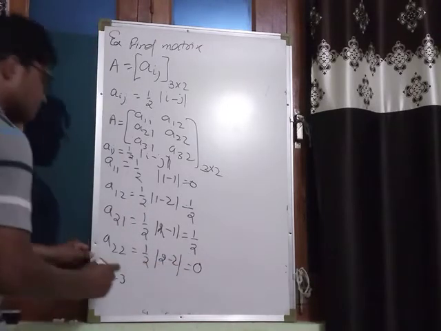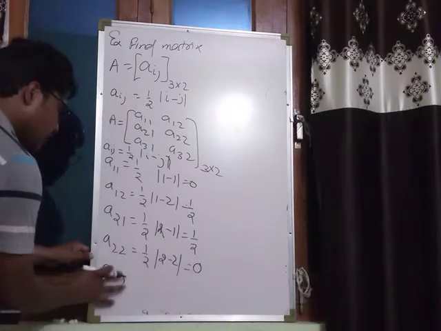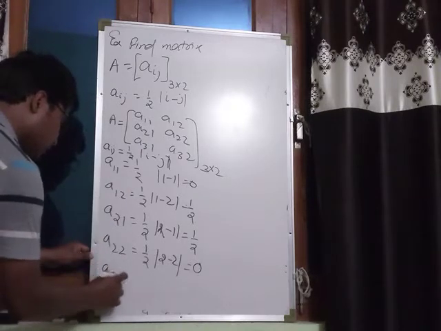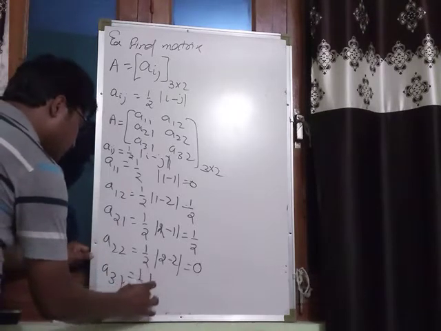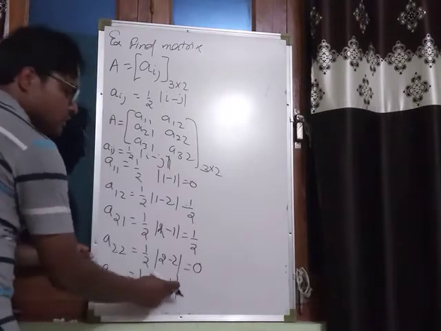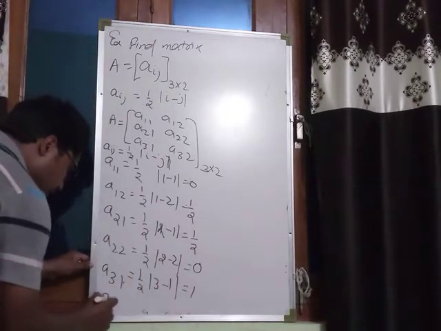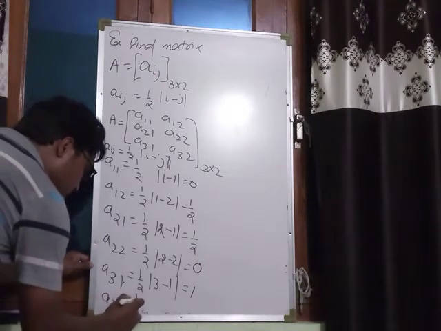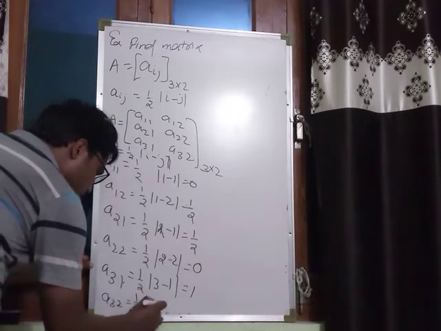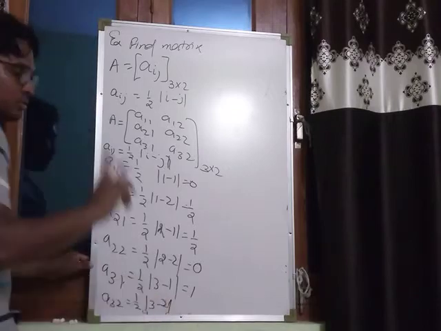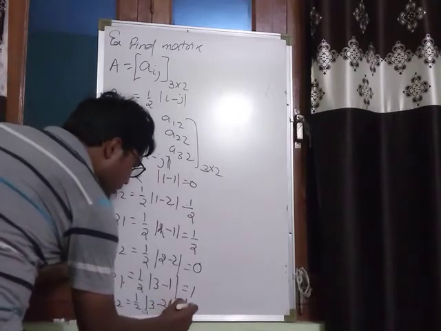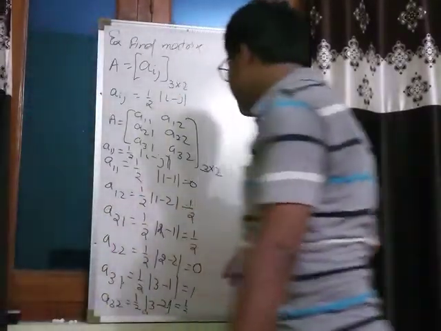A31 that is half mod 3 minus 1. 3 minus 1 is 2 divided by 2, that is 1. And A32 that is half mod 3 minus 2, which is 1 by 2. So सारी एंट्रीज हमें मिल गई.